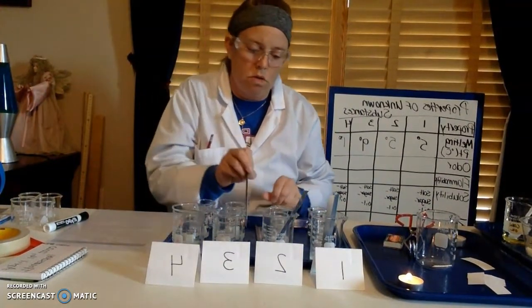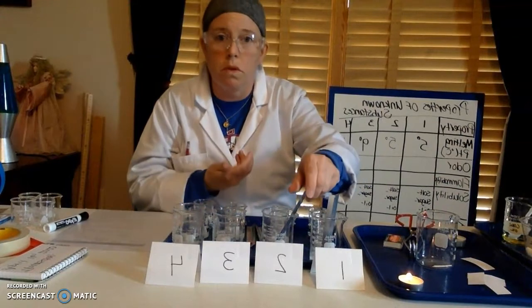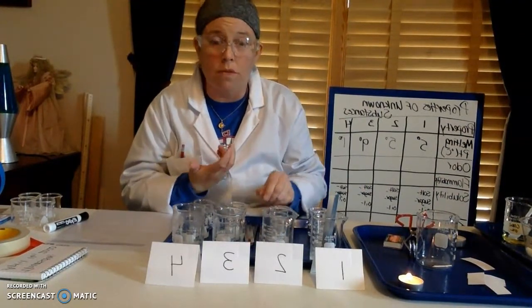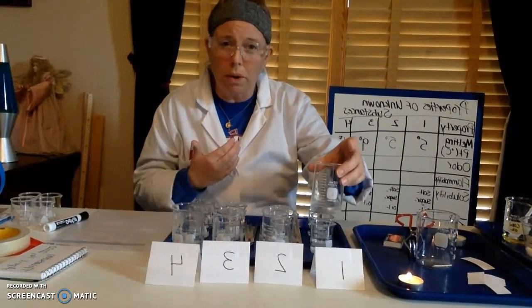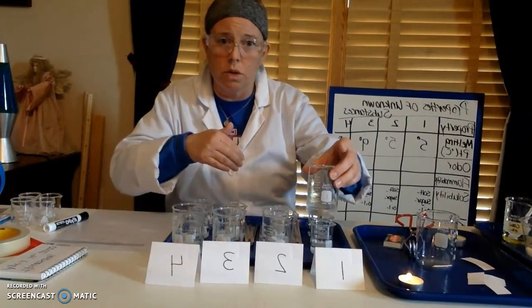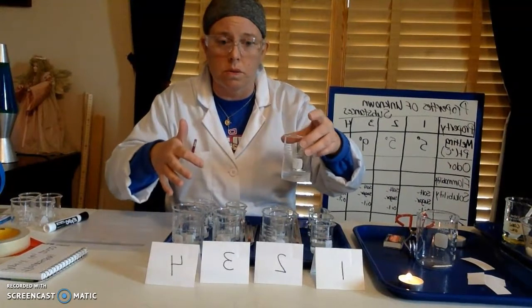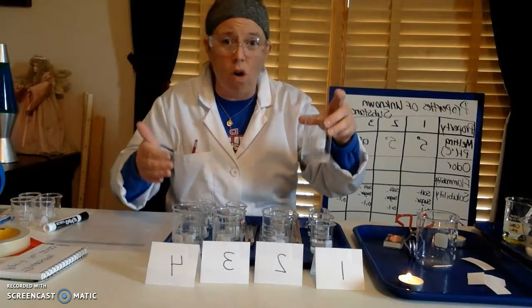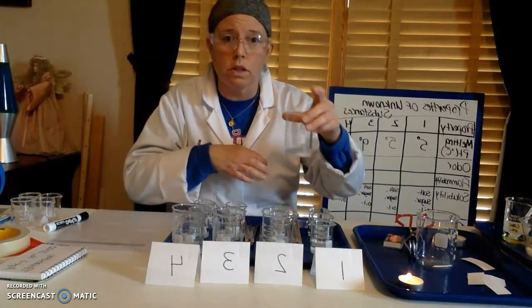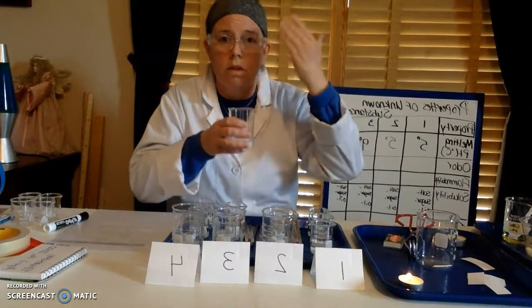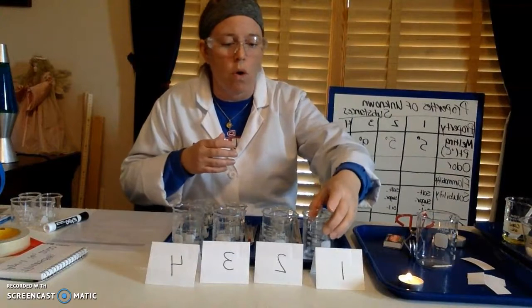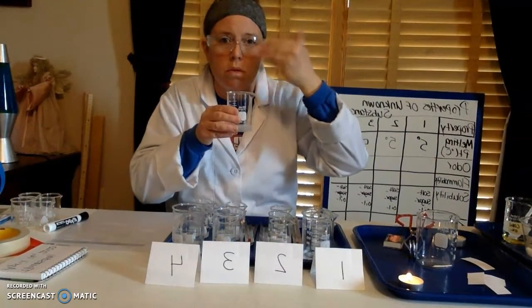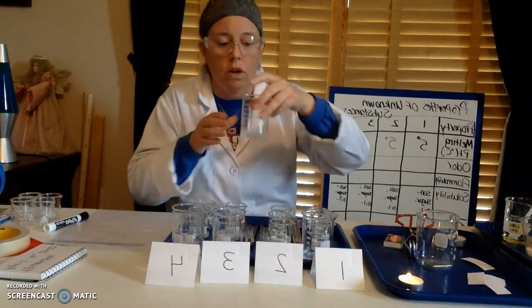All right. The next thing that I'm going to do is simply remove these because we need to waft. Some of you may have heard it pronounced differently. Simply what that is: we never put our nose directly into the beaker of any unknown substance. And I want to point out that these are all 4 colorless liquids. So we waft. We get it close to our nose. 1, no odor. 2, definitely an odor.